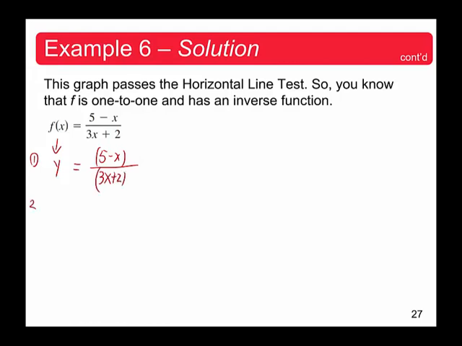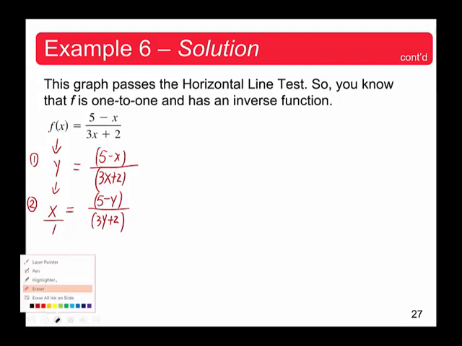Now step number 2, y becomes x, and x becomes y, so 5 minus y over 3y plus 2. Again, make it a proportion, cross multiplying, and we get 5 minus y. Let me write the other one, I think it is more convenient. So I'll do x times 3y plus 2.